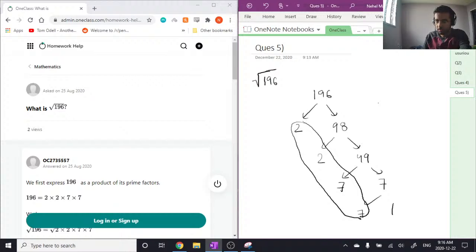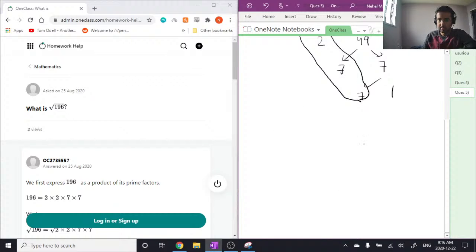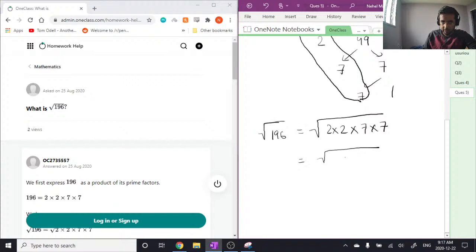Okay, so the best way to write this down is you say under root of 196 is nothing but square root of 2 times 2 times 7 times 7. Okay, in that case, we can say that it's nothing but 2 squared times 7 squared.